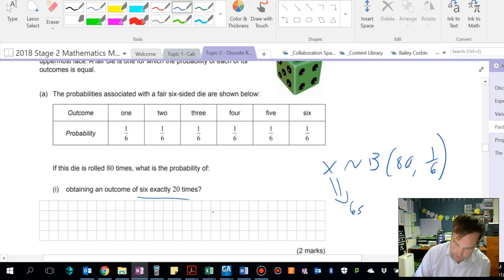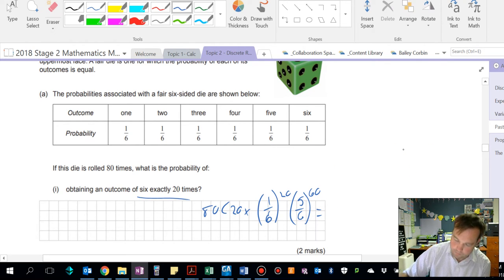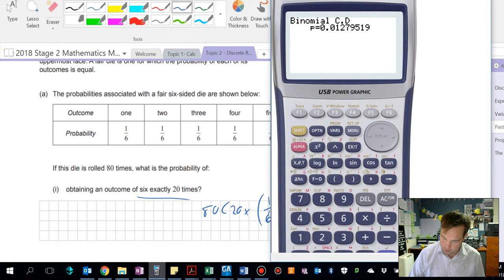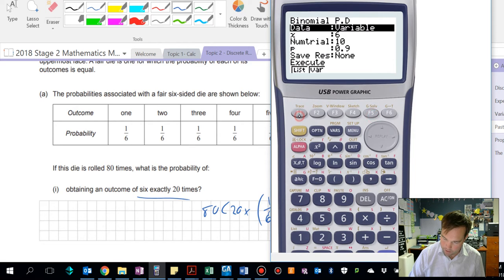Now we can think of this as 80 choose 20, multiplied by the probability of a 6, 20 times, by the probability of not a 6, 60 times, and throw that in our calculator. Or, because this would be tech active, we would use technology: distribution, binomial point.